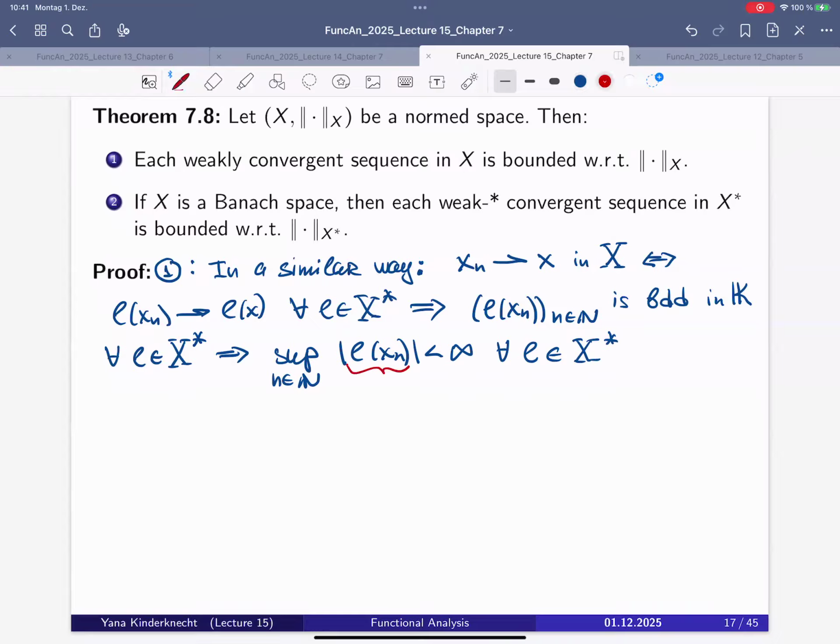But this is nothing else but the point evaluation at the point x_n, a linear functional which acts on X star.